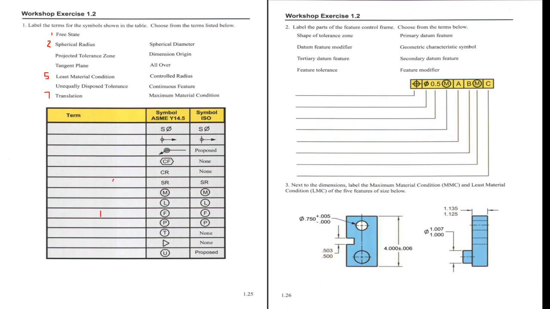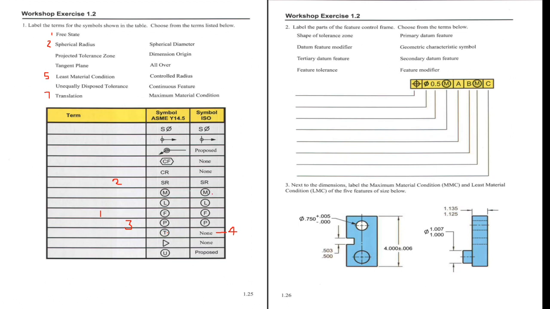Here, this one we use is for spherical radius, SR. Then projected tolerance zone is here, P in a circle. Then tangent plane, and here is the tangent plane, this one. We don't have any symbol in ISO 1101 standards, but in ASME Y14.5, we have this T in a circle for tangent plane.